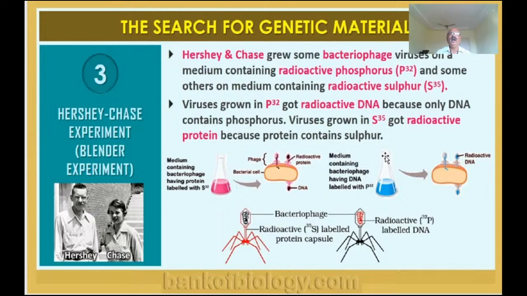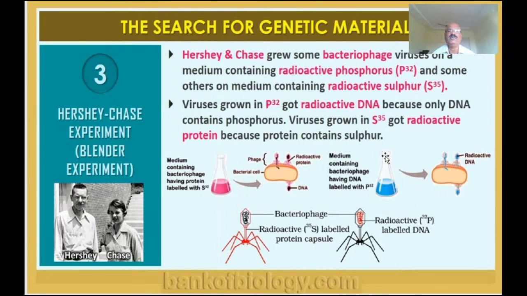Hershey and Chase conducted another experiment. They grew some bacteriophage viruses on a medium containing radioactive phosphorus P32 and some others on a medium containing radioactive sulfur S35.